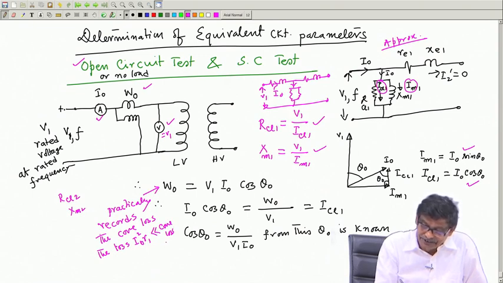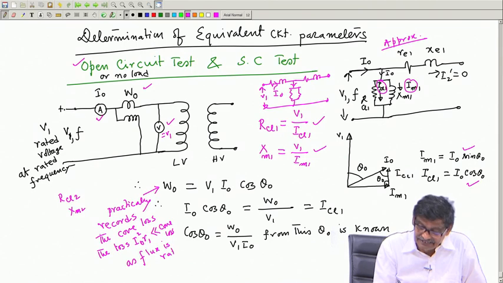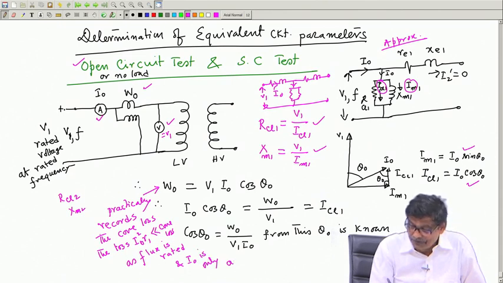Why? Because flux is rated, and I naught is only about 2 to 5% of the rated current.